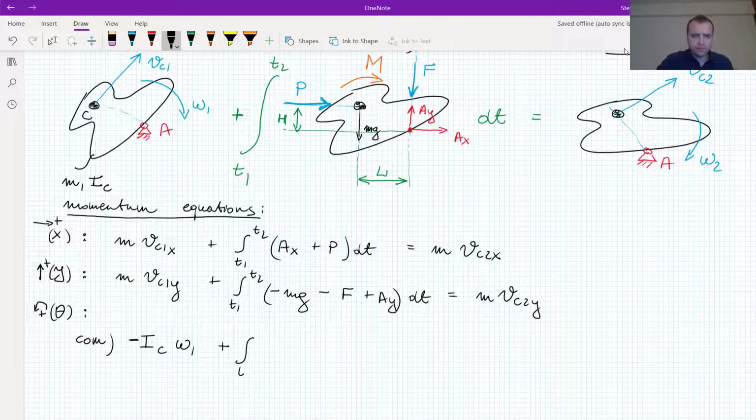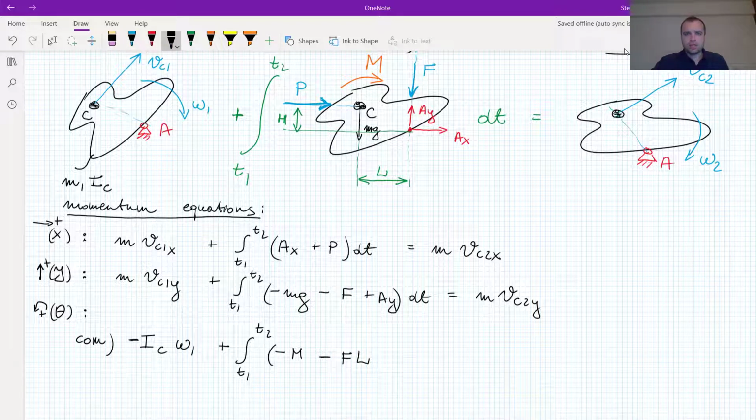Plus the integral from t1 to t2. And here we have a couple of things rotating our body. First of all, we have a moment, and that moment again rotates in a negative fashion, so it will be minus M. And then what do we have rotating about point C? Force P is not rotating at all, but force F is rotating. So we have F times L, and that rotates in a negative direction, so minus in front of it.